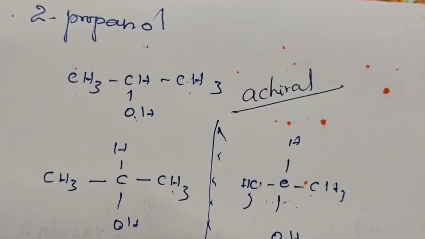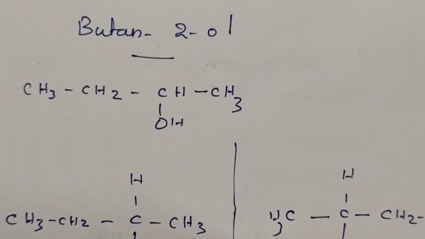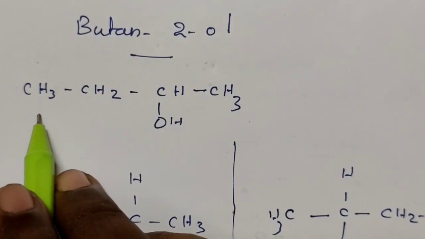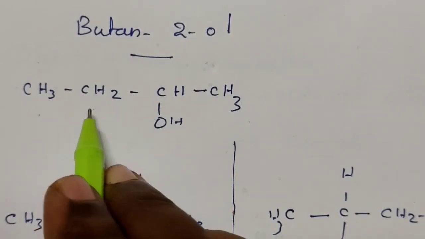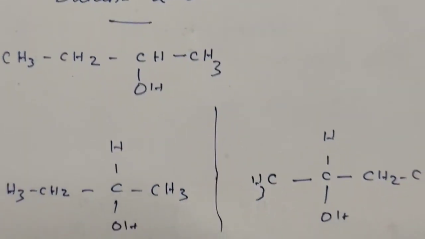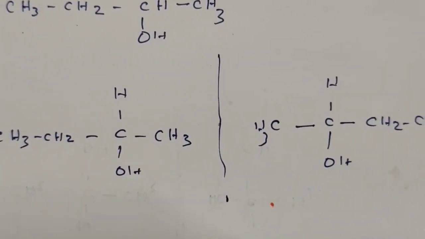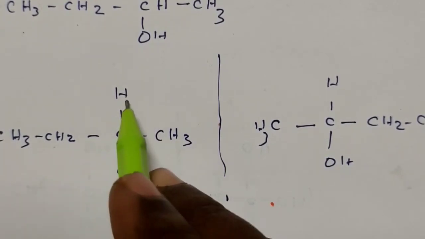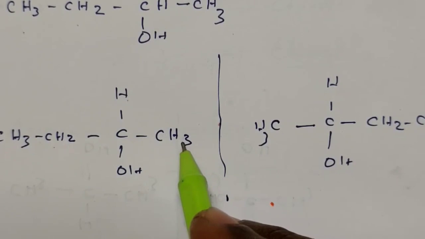Another example is butanol. This is the formula for butanol, CH3CH2CHOHCH3. If you draw the structure, one side has a CH3CH2 group, another side H, another side CH3, and OH.